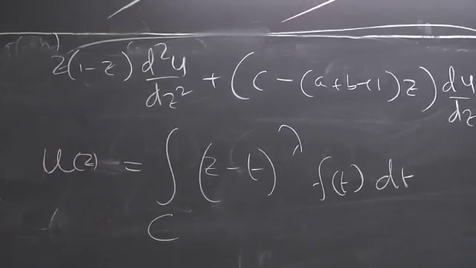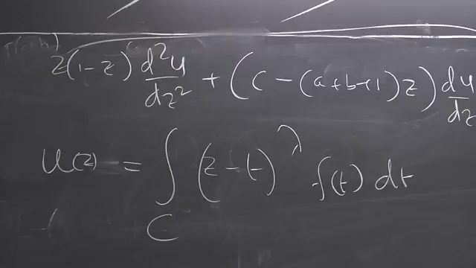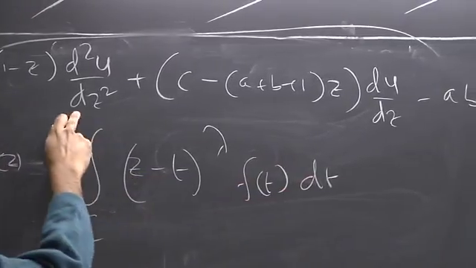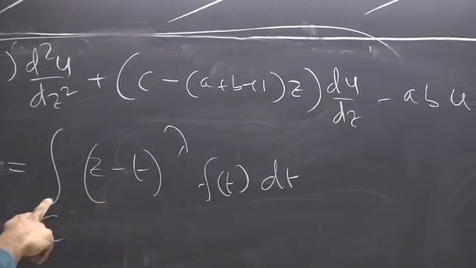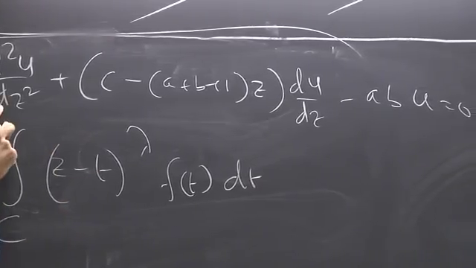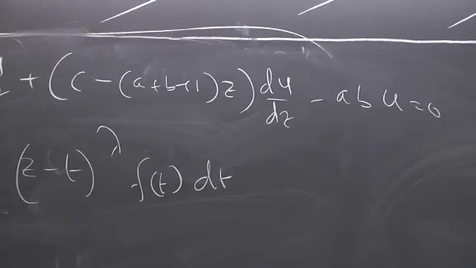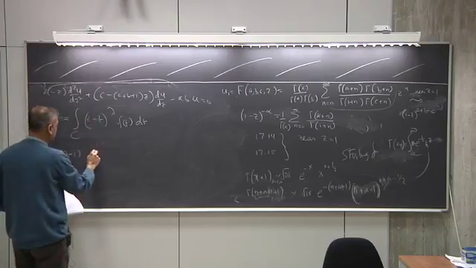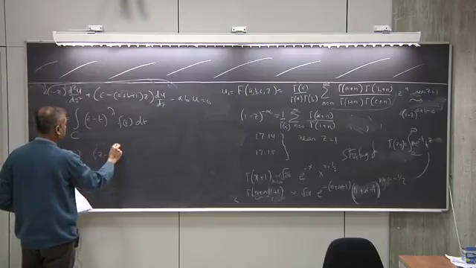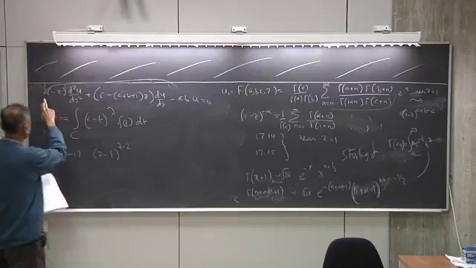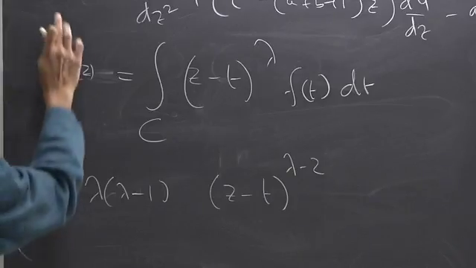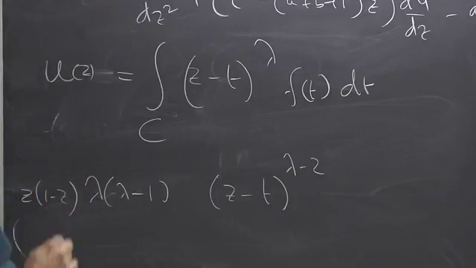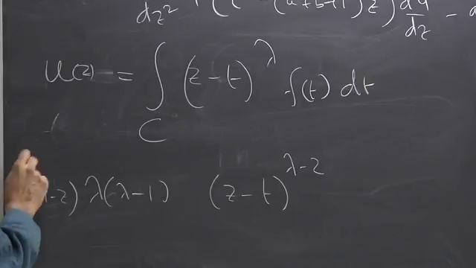So we plug this in here. What will we get? The only place z appears is there, so every differentiation only acts there. When two derivatives act here, I get lambda times lambda minus 1, times (z minus t) to the lambda minus 2, and then I have here z times (1 minus z). That's the first term.